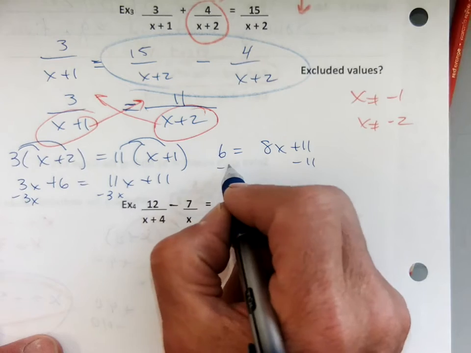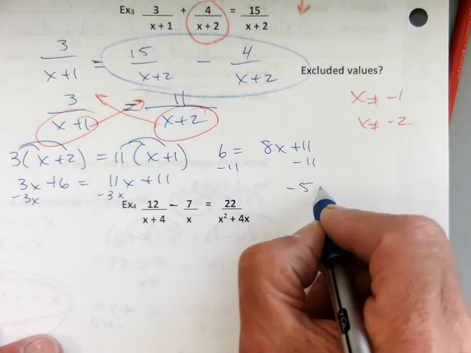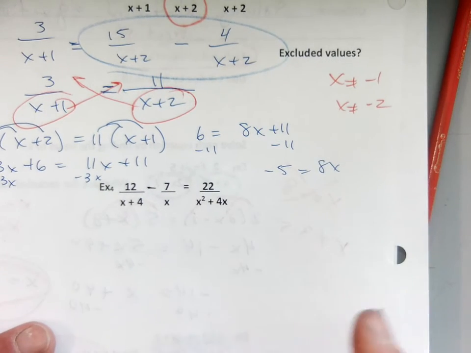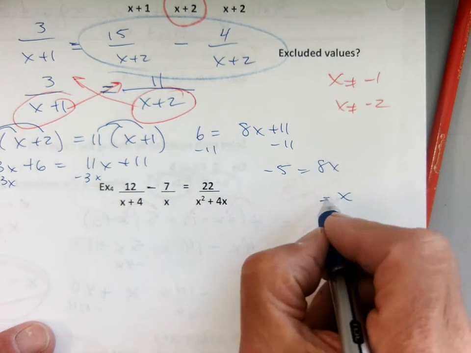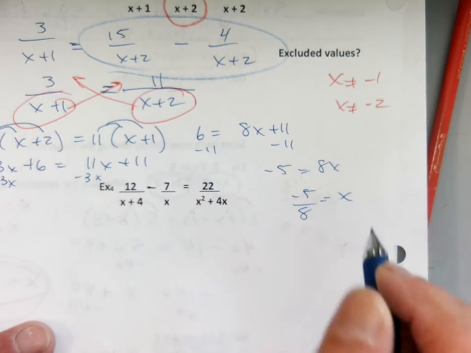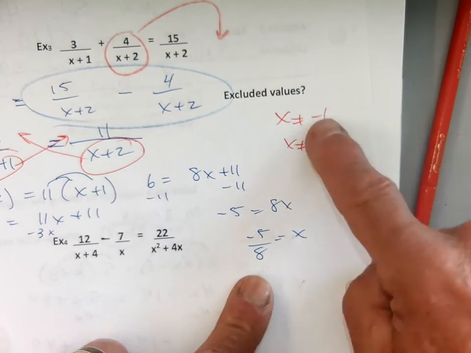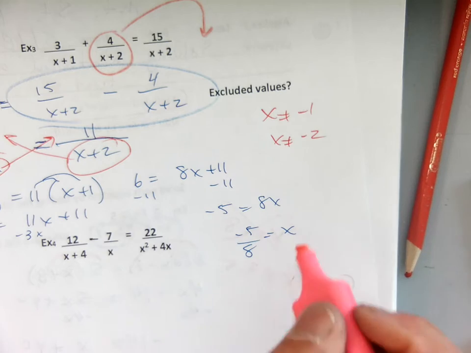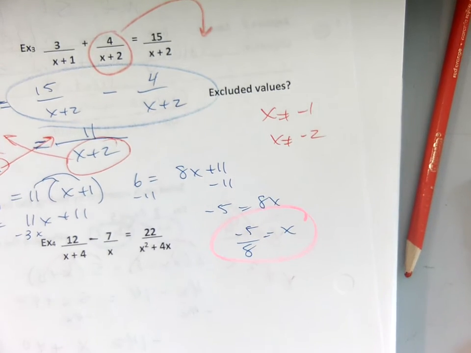Minus 11, negative 5 equals 8x. Divide by 8, x is negative 5/8, which is okay. It's not either one of these two answers, so I'll keep that answer, okay? Okay, how am I doing?